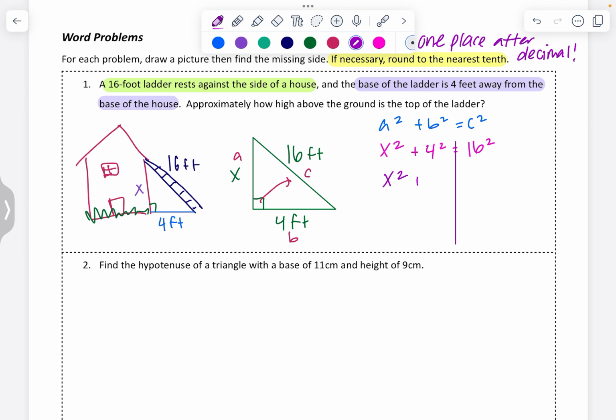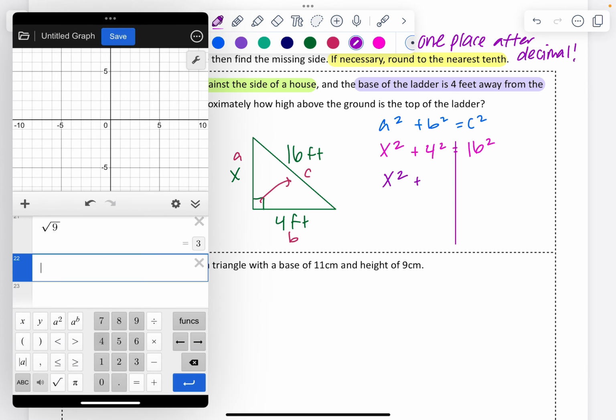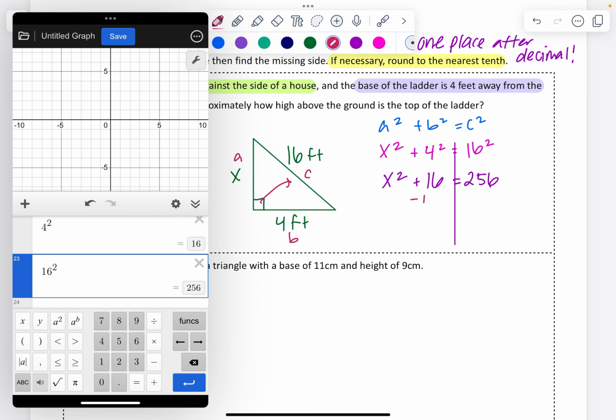X squared remains. I have 4 squared, that equals 16, plus 16 squared, which is 256. From here I'm going to solve for X, so I'm going to subtract 16 from both sides. 256 minus 16 gives me 240.